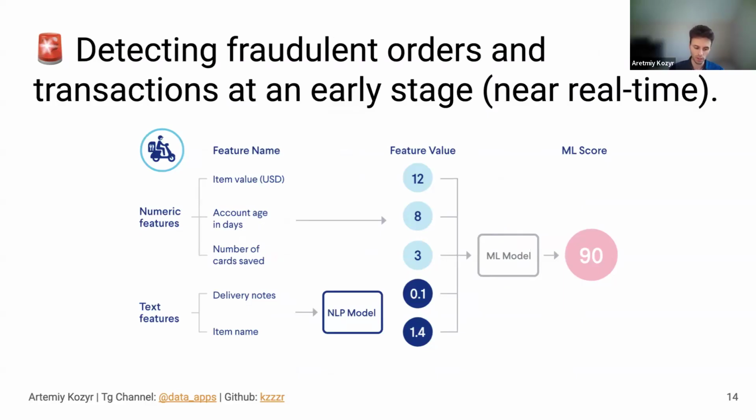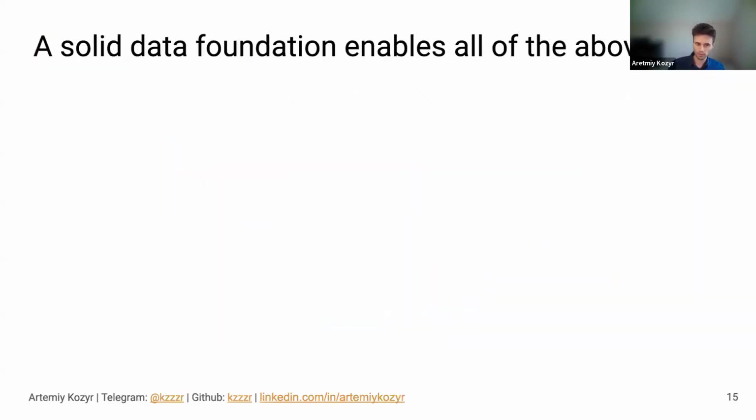It's got to be real-time scoring, some kind of scoring system that acts at the moment something is happening. All of these examples I've mentioned are based on a solid data foundation, which makes it possible to build advanced AI applications.